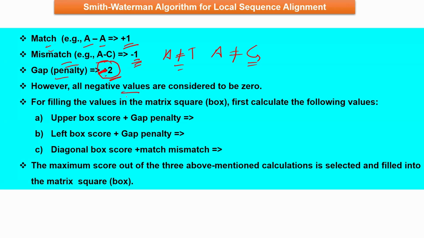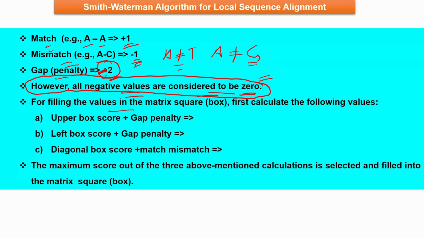However, all negative values are considered to be 0. This is a very unique point of the Smith-Waterman algorithm. Unlike the Needleman-Wunsch algorithm, which does not consider the negative values to be 0, the Smith-Waterman algorithm specifically points out that all negative values must be taken as 0.